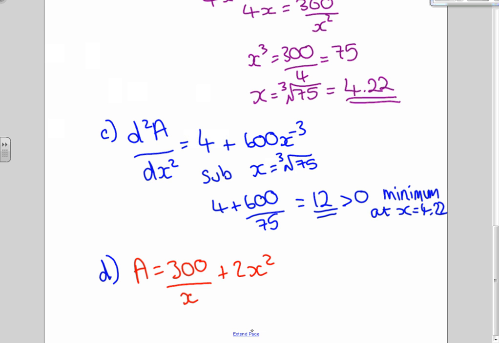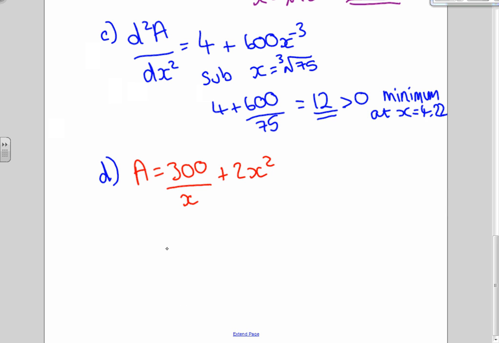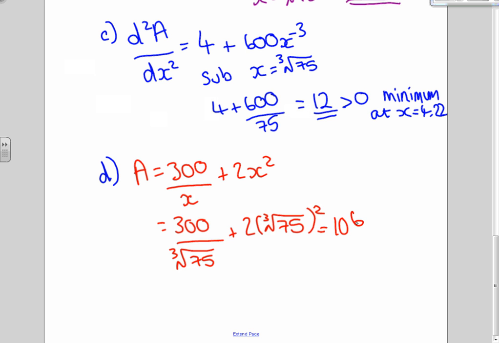So I'm going to substitute in x equals the cube root of 75. So that would give me 300 over the cube root of 75 plus 2 lots of the cube root of 75 squared. And if I put that into my calculator, I get 106.7067991. So I'm going to give that to a set number of decimal places, 106.707 meters squared, given to 3 decimal places.